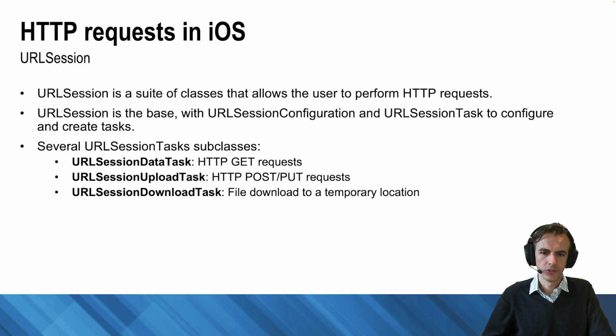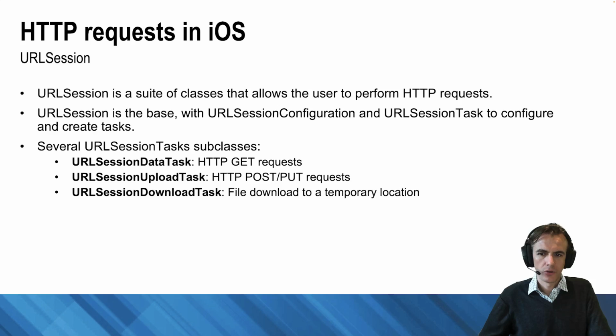We talked in the previous video about GET and POST requests. If you need to download something via a GET request, you can do it via a URL session data task, which we'll see on the following slides. You can use URL session upload task to do a POST or PUT request.